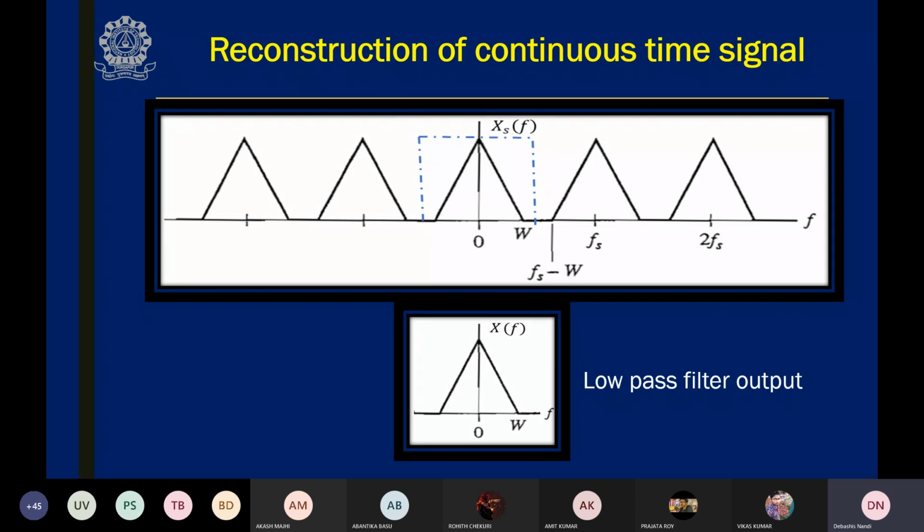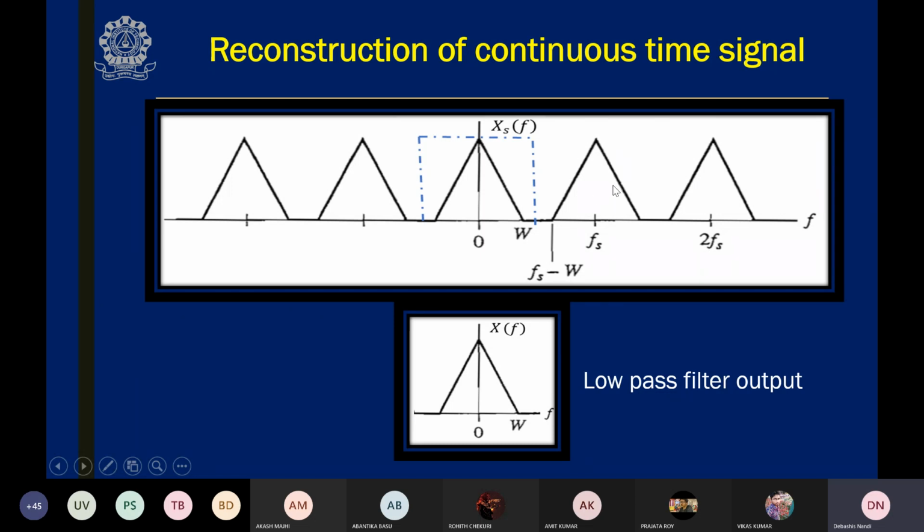So you have to design a filter so that you can get only this band. The filter bandwidth will be at least W. If it is less than W, then some frequency components of the desired band will be lost. And if it is much greater than W, then the filter can pass some frequency components of the unwanted band.